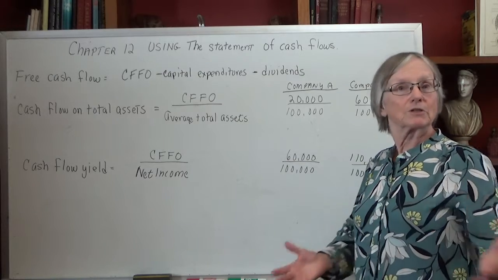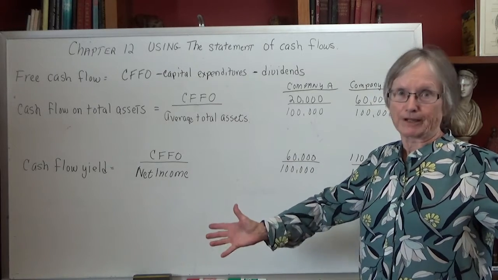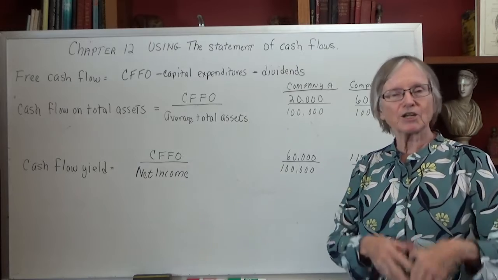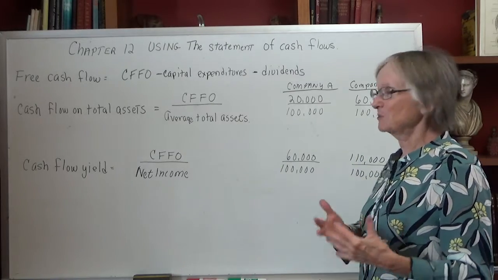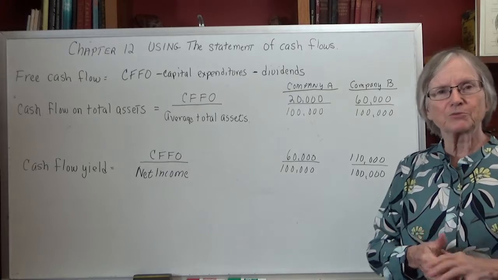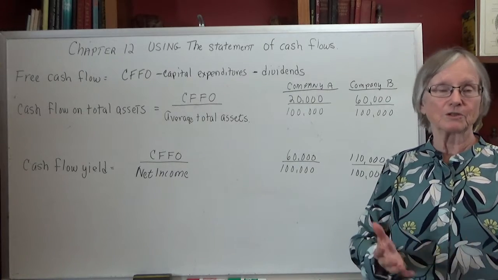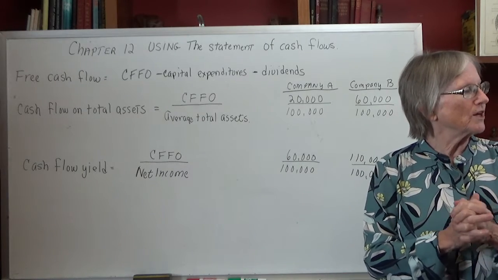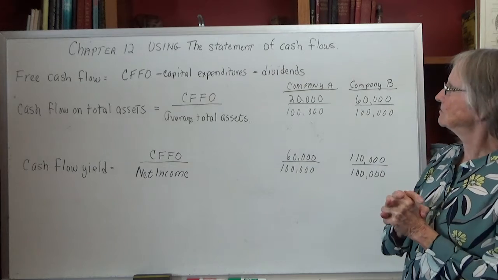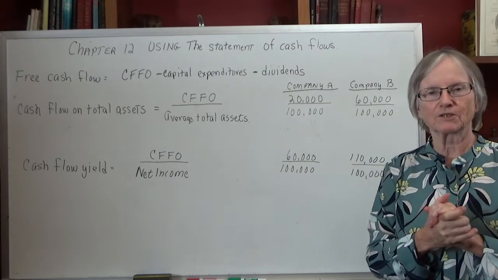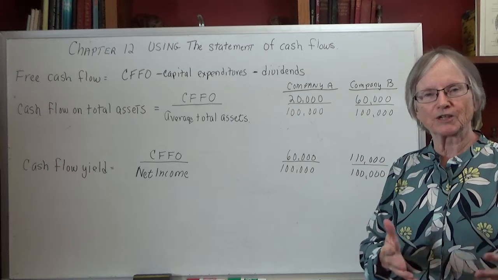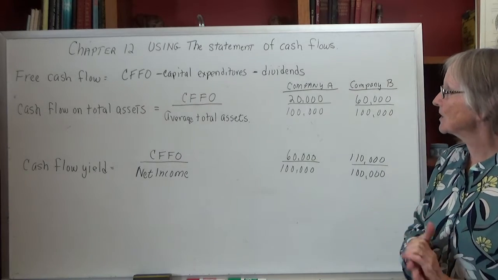Maybe there's a downturn in the economy due to some silly virus or something. It's how much financial flexibility do we have to get through bad times or take advantage of new opportunities. So that's your free cash flow. So that's one piece of information you can get from the statement of cash flows.